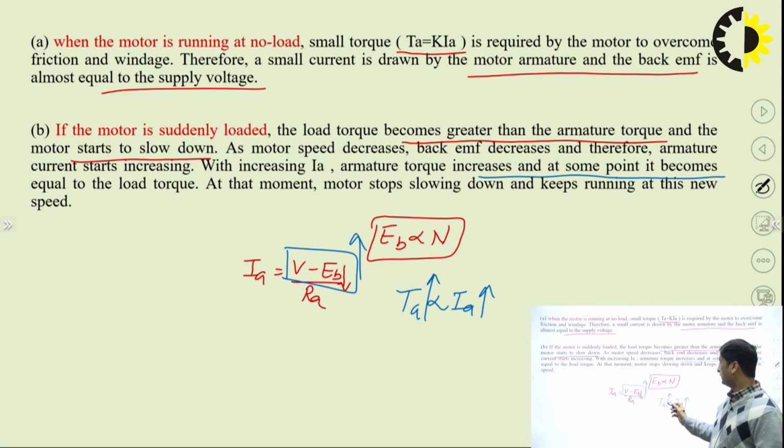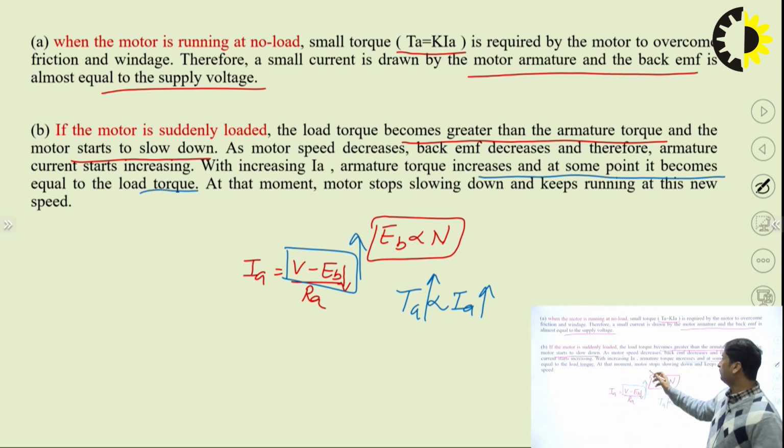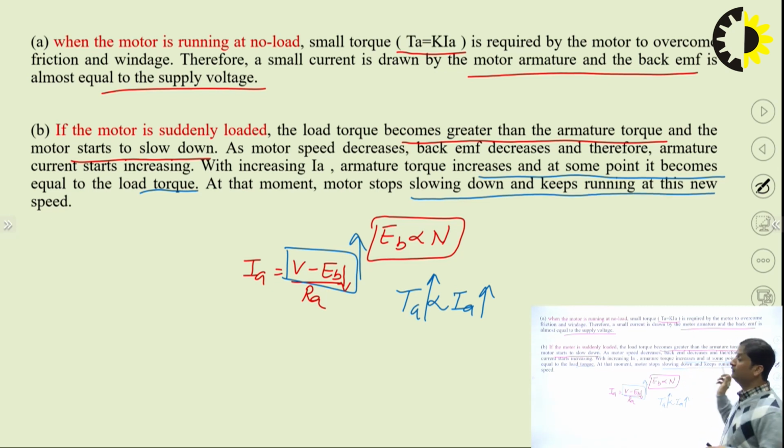The armature torque will try to attend to that load. So it will become equal to the load torque at some point, at some speed. At that moment the motor stops slowing down and keeps running at this new speed.